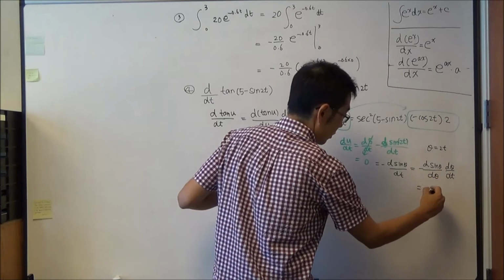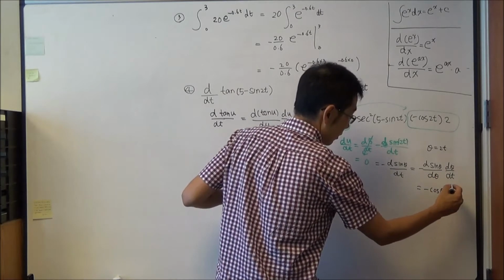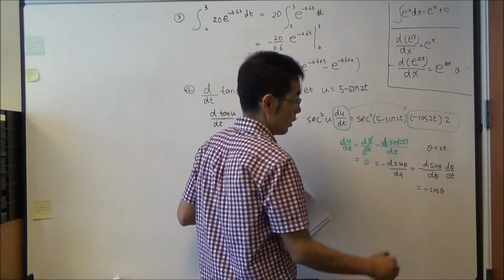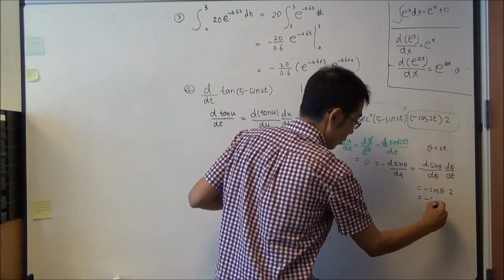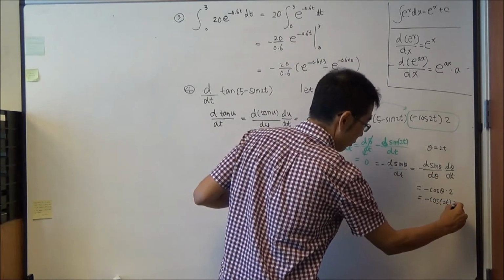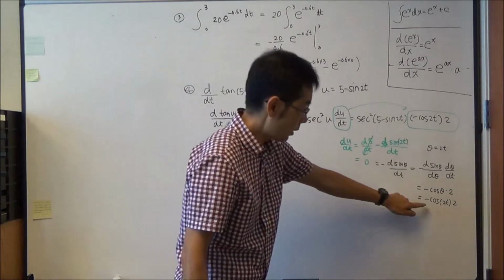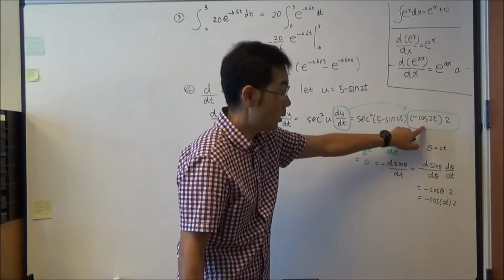So that's why this is minus cosine theta, and d theta over dt is this one. So d 2t over dt is 2. And then theta is 2t, so cosine 2t and 2. So that's why d over dt becomes minus cosine 2t times 2. That's why I just write it down in here.